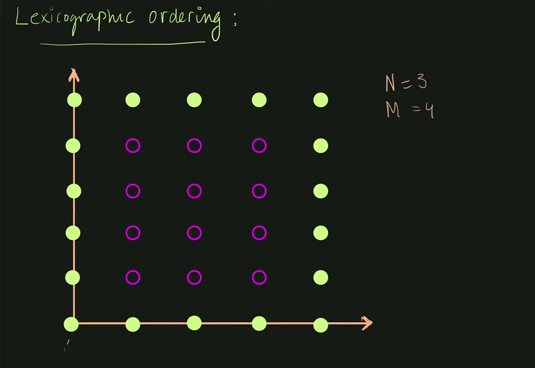And let me just name the points along the x and y axes. I have x0 up to x4, and I have y0 all the way up to y5.